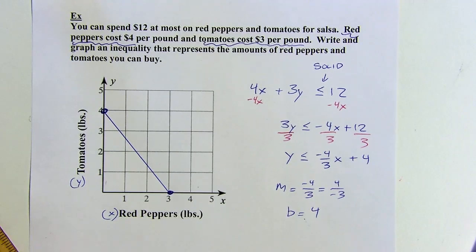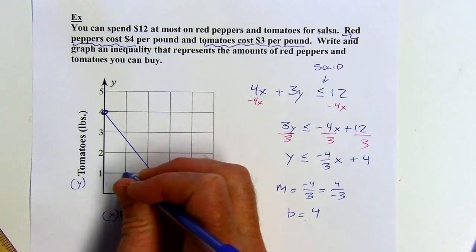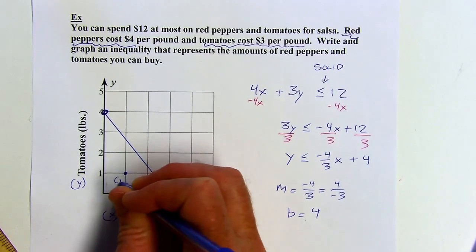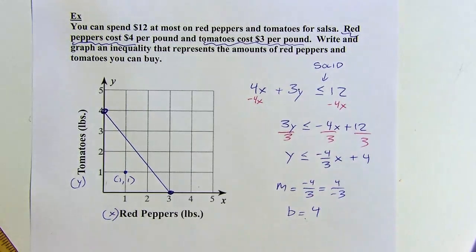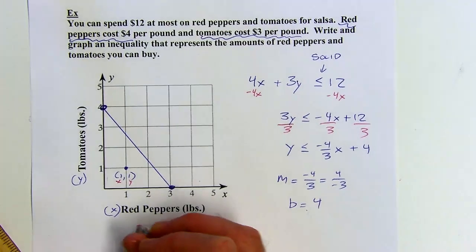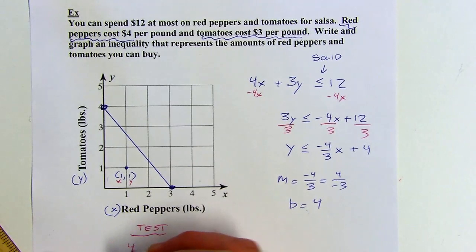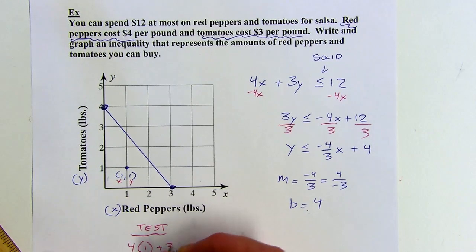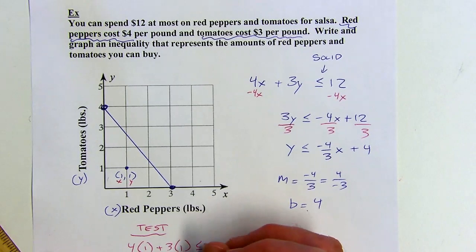So let's pick a test point. Well, let's use this point, (1, 1), as a test point here, okay? So I'm going to go to the original inequality, and I'm going to plug this in for x and y. So I've got 4 times 1 plus 3 times 1 is less than or equal to 12.